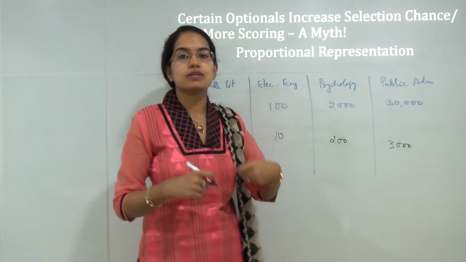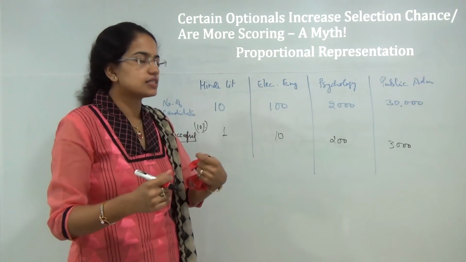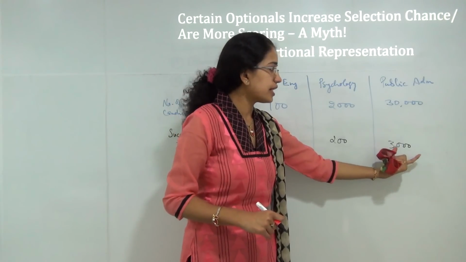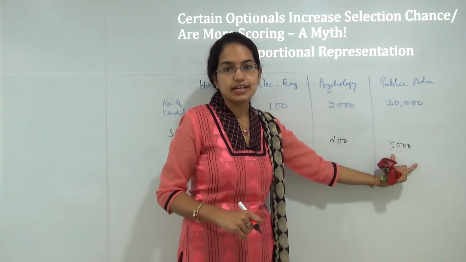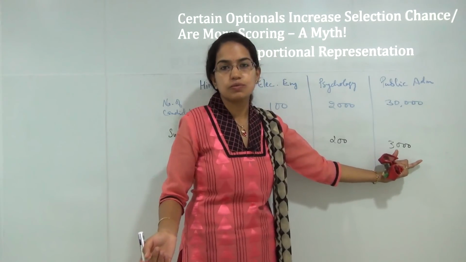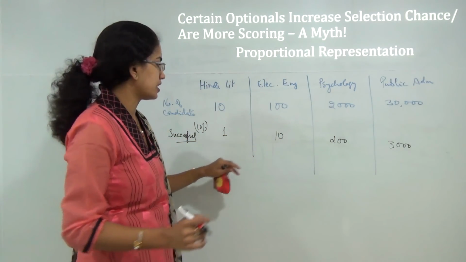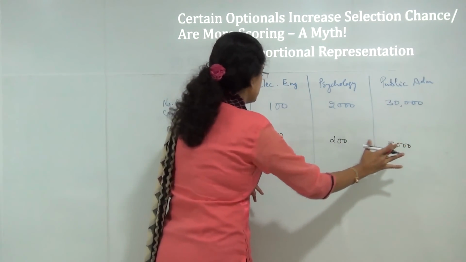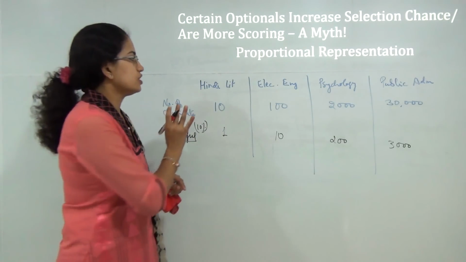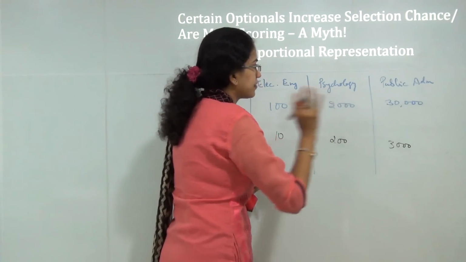Only if I appear with public administration or certain other subject, I will score good marks, because there are statistics that show numerous candidates have secured good ranks through public administration. But this is not the case. What is clear here is every subject gets a proportional representation. So you have selections from every subject.